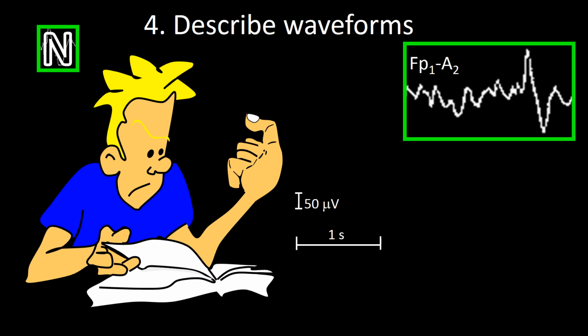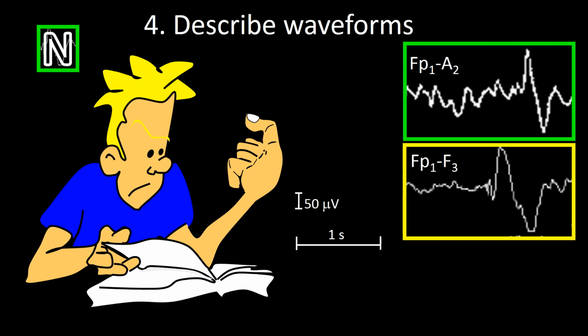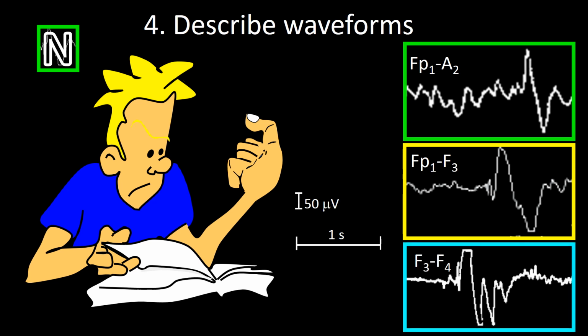A large biphasic wave is preceded by a brief small sharp activity. This fast activity is at times better appreciated using a transverse frontal derivation, as you can see in this frame and in this new frame.